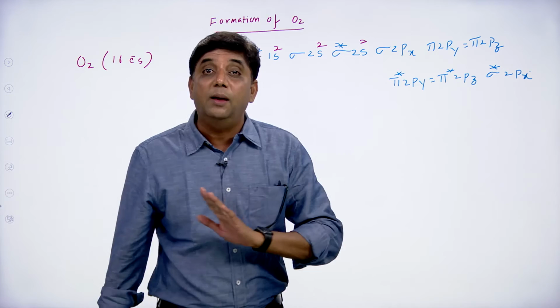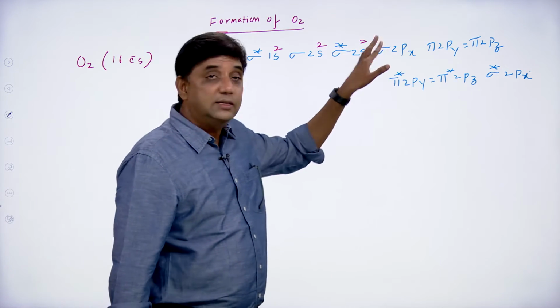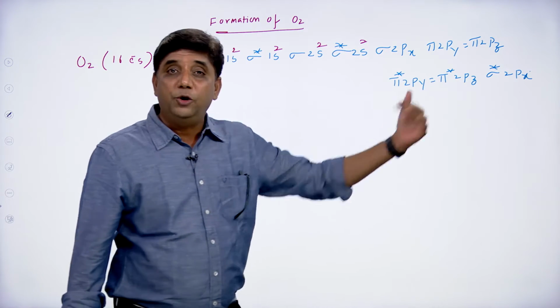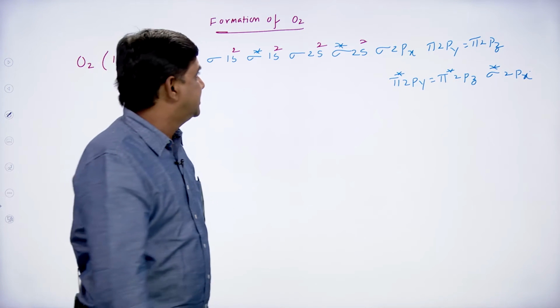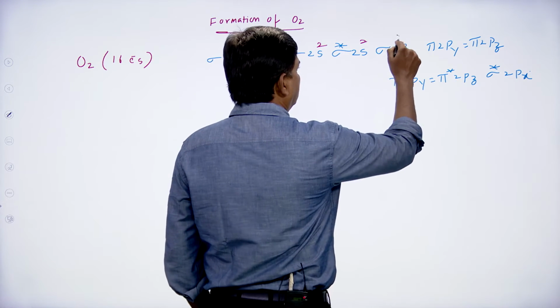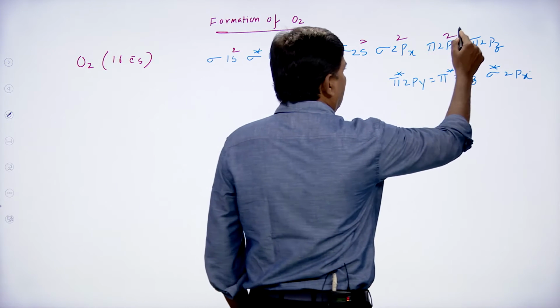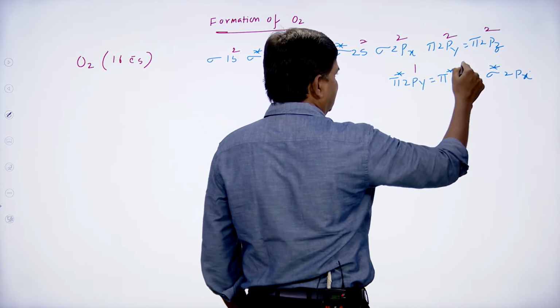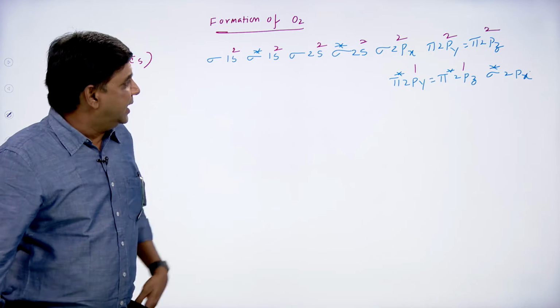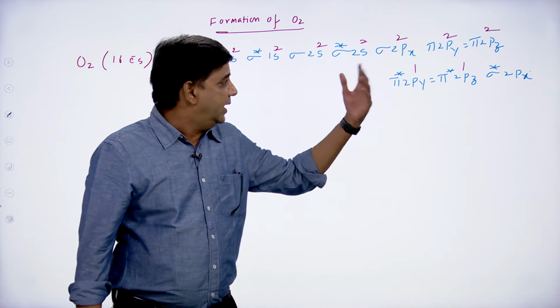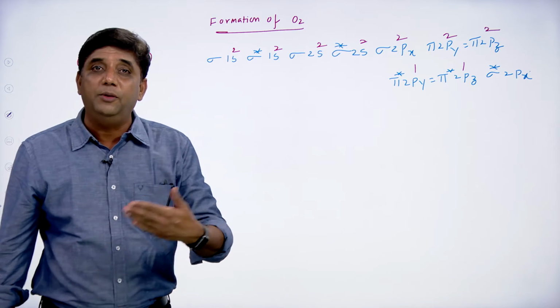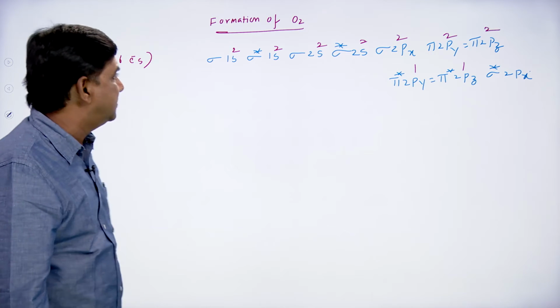Here s and p overlapping is not possible, therefore its energy becomes less than that of pi 2py equal to pi 2pz. And here also 2 electrons, and how many? 10 electrons completed, 12, 14, 15, 16. Because they are equal energy orbitals, they must be half filled before pairing takes place. This is how it takes place.